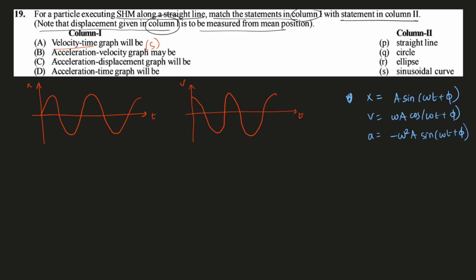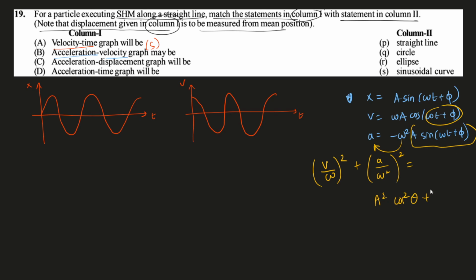Now, if you want to relate the acceleration and velocity, then what you can do is divide v by omega and then square it, and add this to the square of acceleration divided by omega squared, and this will give you A squared cos squared of this entire angle, let me just call that theta, plus again A squared sine squared theta.